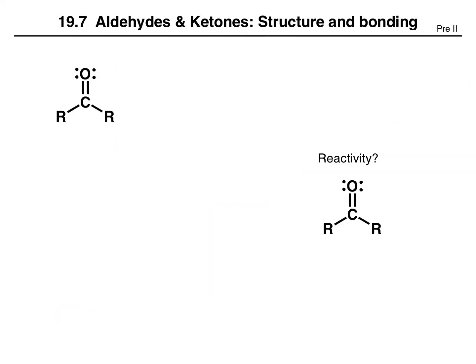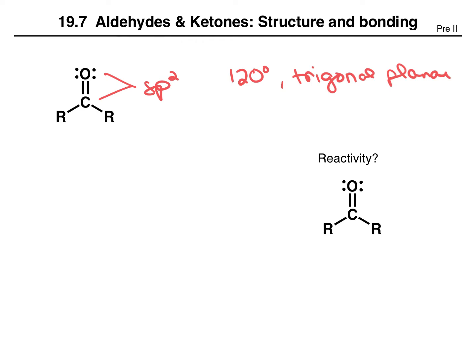Let's think about the structure and bonding in aldehydes and ketones. So we know that both the carbon and the oxygen are sp2 hybridized. So that means that each one wants to have a bond angle of 120 degrees, and that is possible. And so the shape around the carbon is trigonal planar. The shape around the oxygen, if we're also counting the electrons, that will also be trigonal planar.